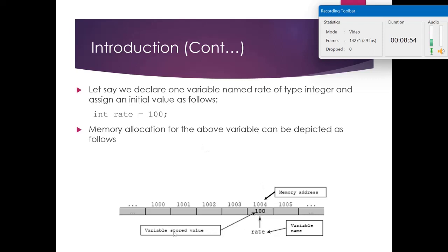The variable's stored value is 100. Inside the memory location, the value 100 is stored, and we put a name on this location, that is the variable name rate. You can also see there is an address for this location. We call that a memory address. 1004 is the address of this location.